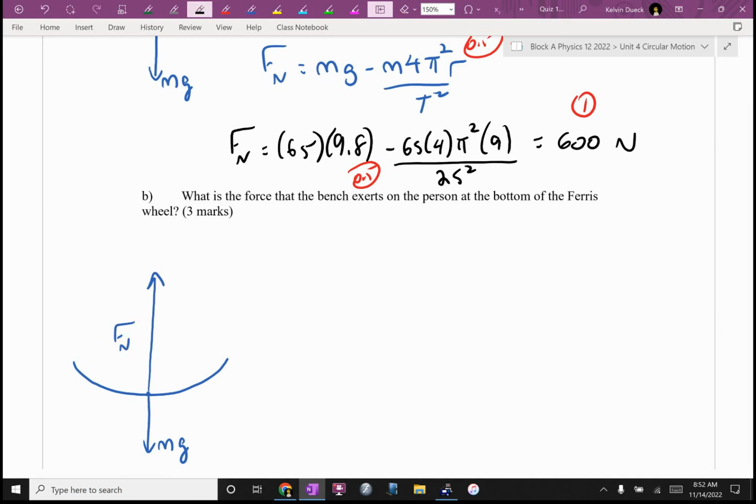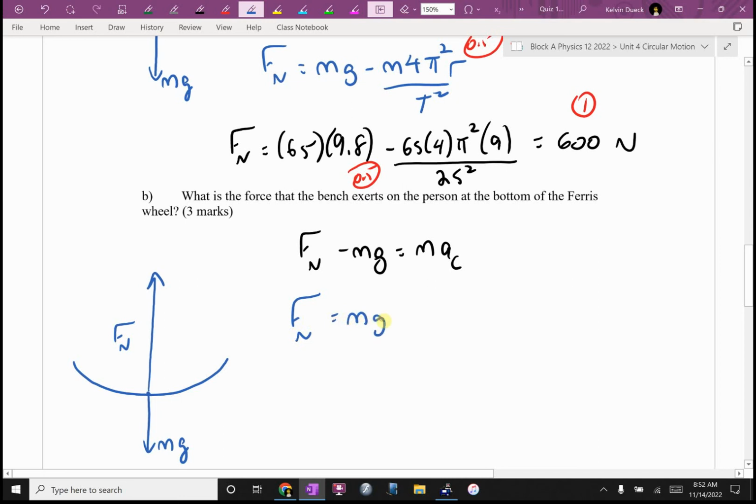So here it's going to be normal force minus mg equals mac. It's going to be normal force equals mg plus mac, or mac plus mg.